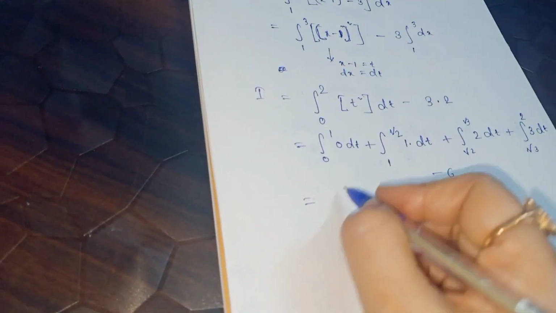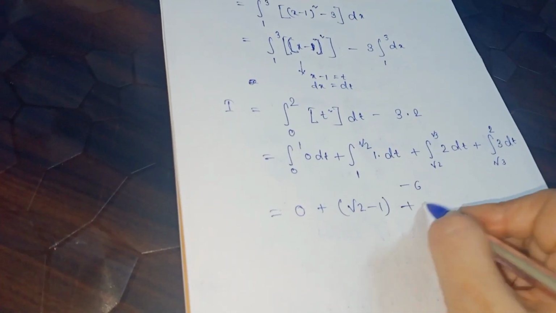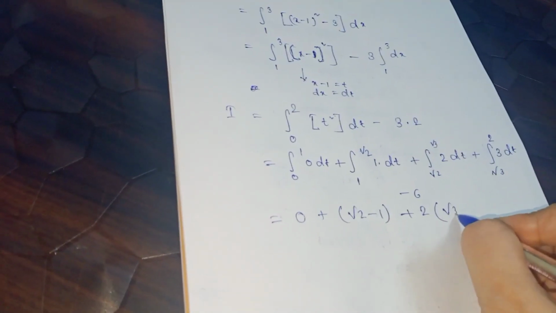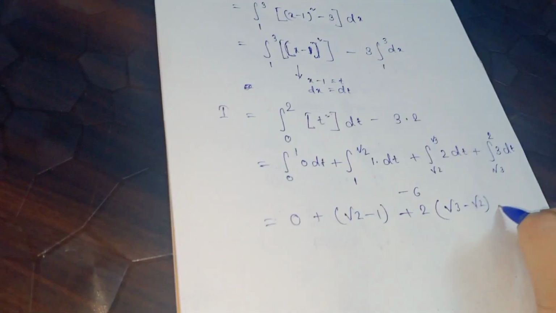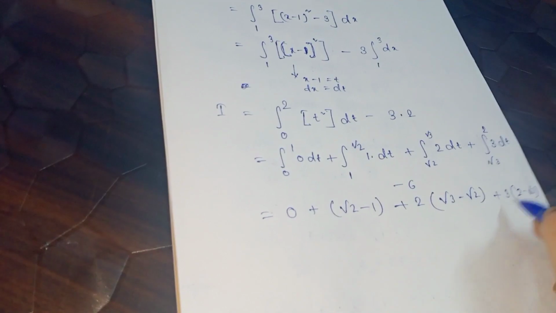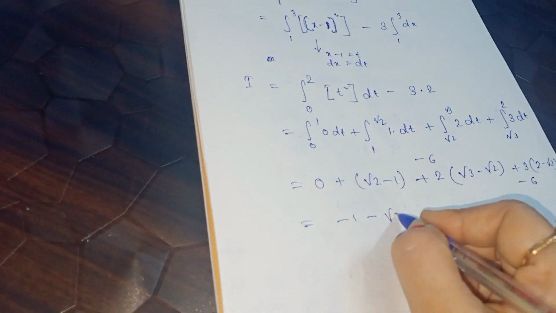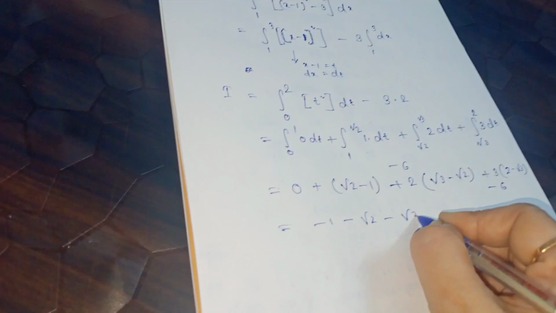So this is equal to 0 plus root 2 minus 1, plus 2 into root 3 minus root 2, plus 3 into 2 minus root 3, minus 6. So after simplifying, here we get minus 1 minus root 2 minus root 3.